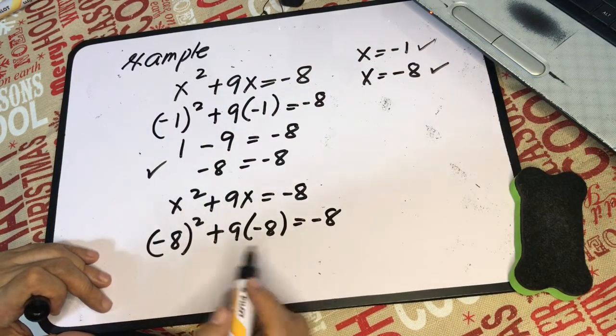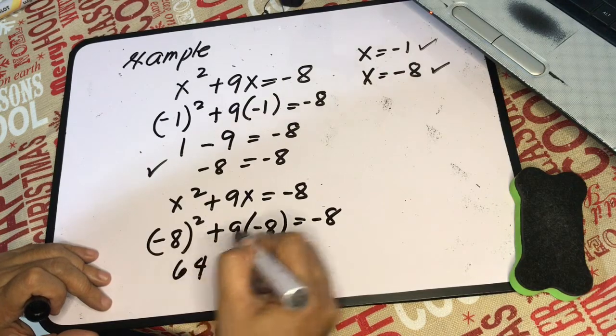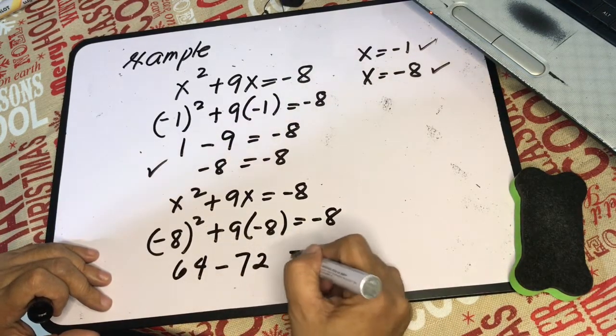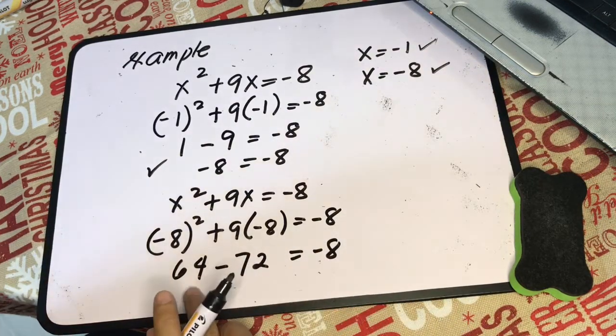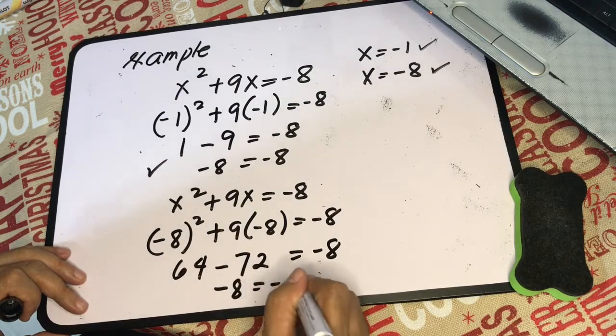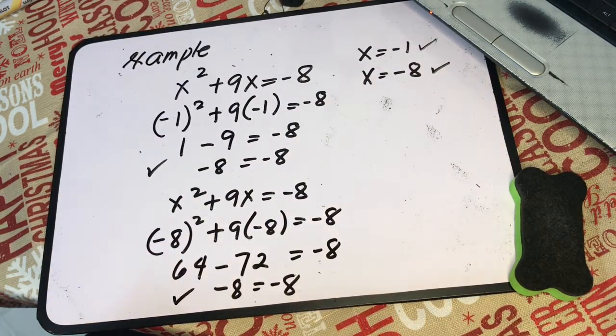Negative 8 squared is positive 64. 9 times negative 8 is negative 72, equals negative 8. So, 64 minus 72 is negative 8, equals negative 8. So, the solutions are correct.